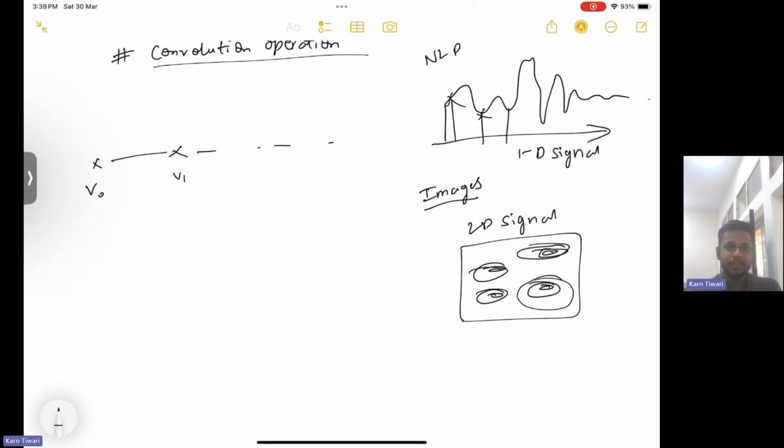Because if my current speed is 50 kilometers per hour, and I ask you what my speed will be after 2 seconds, within 1 second the brake might be applied or something might happen. But there won't be a very drastic change. Whenever you apply a brake, it takes time, so the deceleration takes time. And whenever you are accelerating, it's not like after 50 you're directly going to 1000.